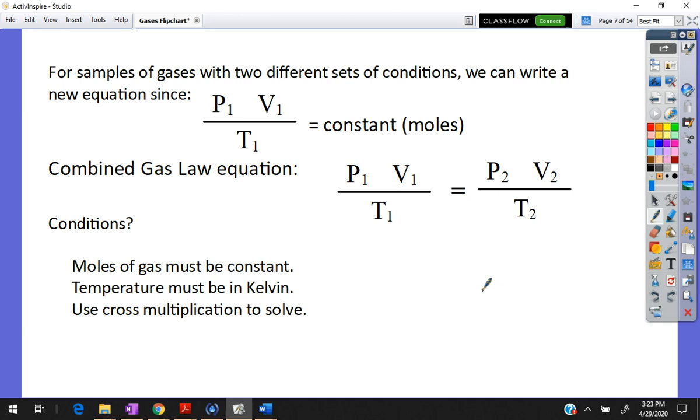Again, some conditions here: you must have the moles of gas constant, temperature must be in Kelvin, and you would use cross multiplication to solve. Again, there will not be any math problems that you will have to solve in this course for this particular equation, but it is something you'll need for AP if you choose to do so later on down the line.